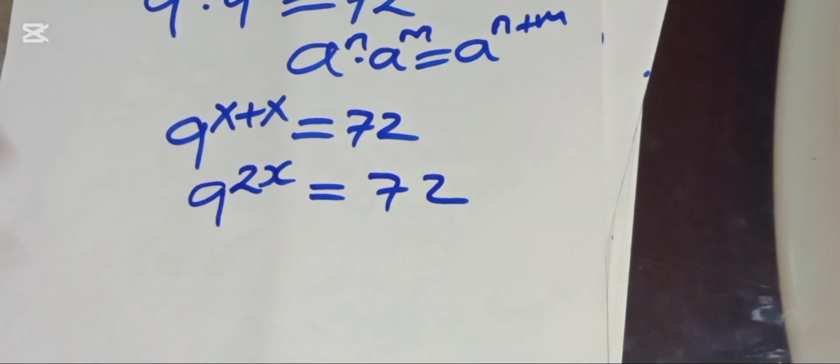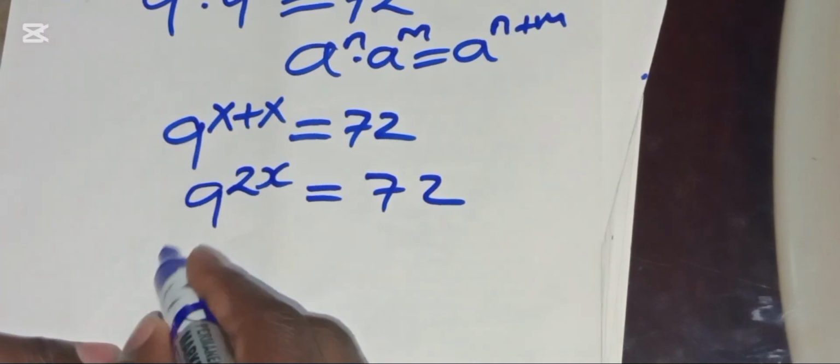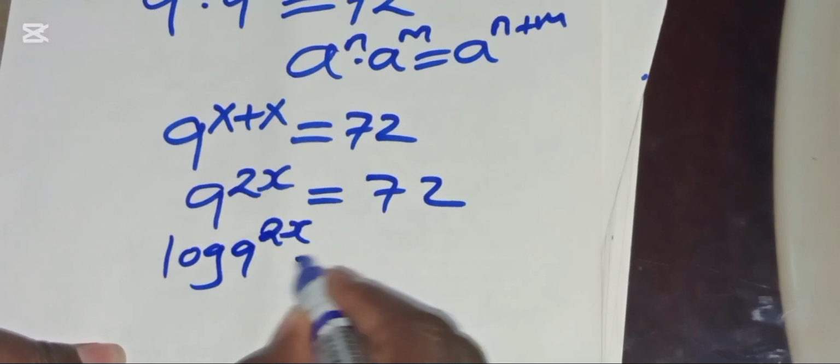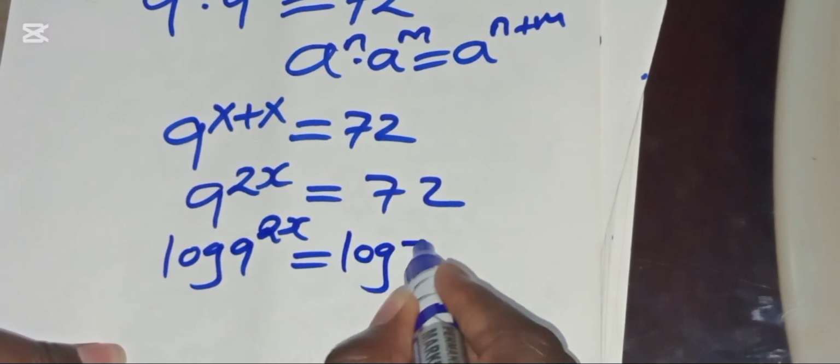Now, to find the value of x, we introduce the natural logarithm on both sides, so that we have log 9 to power 2x equal to log 72.